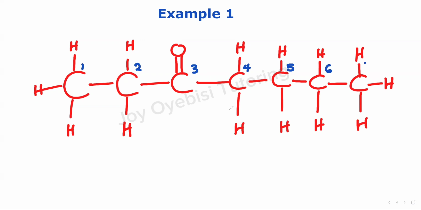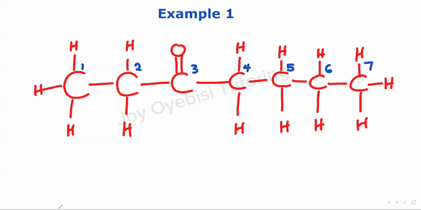If you count from this side, you have 1, 2, 3, 4, 5, 6, 7. If you count from the right, the position of the ketone functional group will be on carbon 5. But if you count from the left, it's going to be on carbon 3. So that means we're going to go with the first counting because that gives the ketone a lower number.